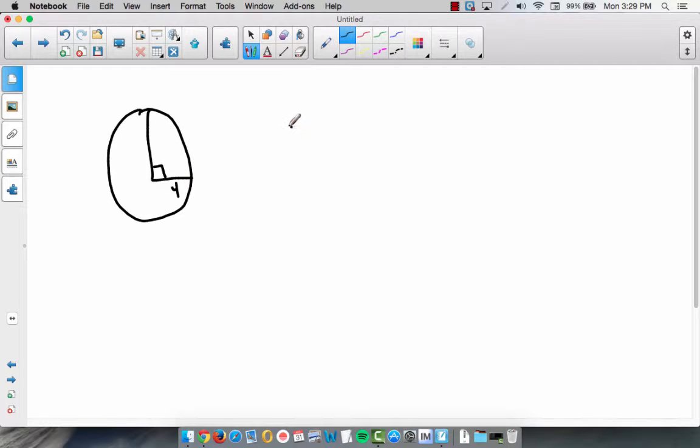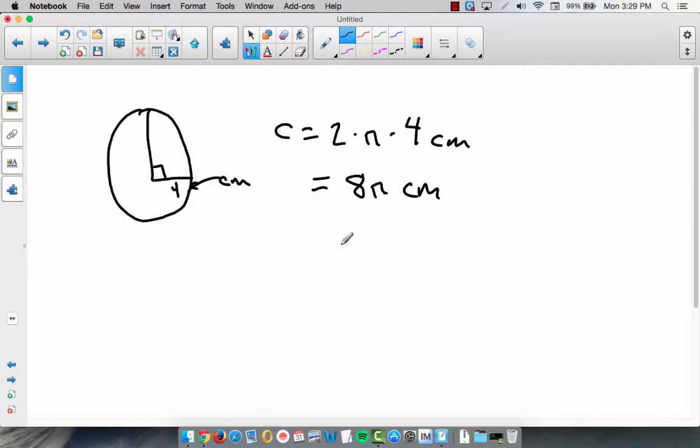Well, that's easy because we know the circumference is 2 times pi times 4 centimeters, which means the circumference is 8 pi centimeters. Most of you would just do this in your head. 90 degrees, that's a quarter of the circle, so a quarter of that would be 2 pi centimeters. That would be the length of this arc right here.